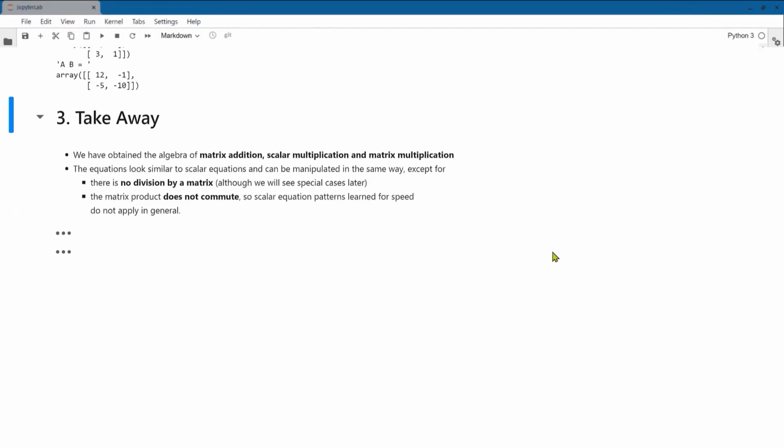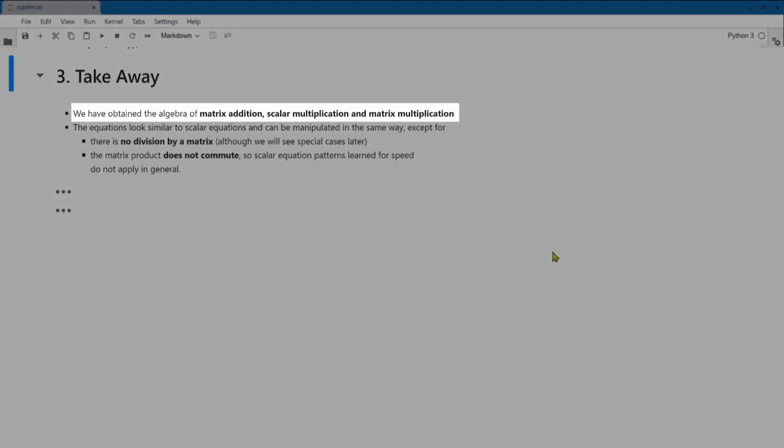Our takeaway then. We have obtained the algebra of matrix addition, scalar multiplication, and matrix multiplication. And basically what we've seen is that we can do our algebra similar to scalar algebra with a few caveats.